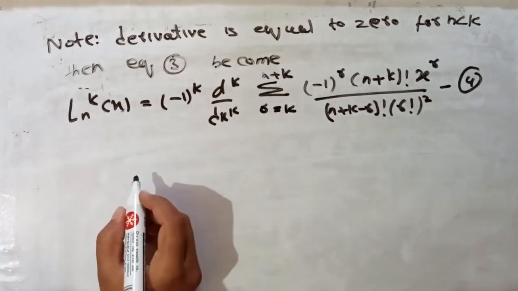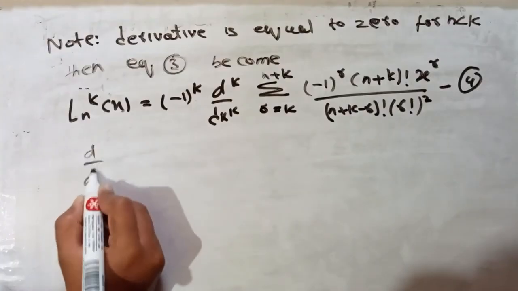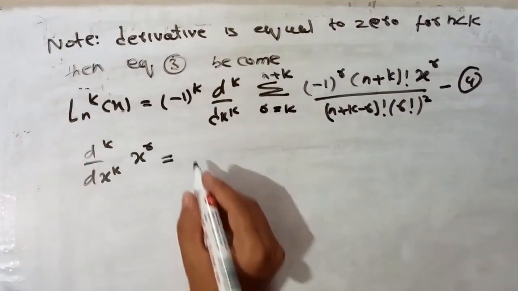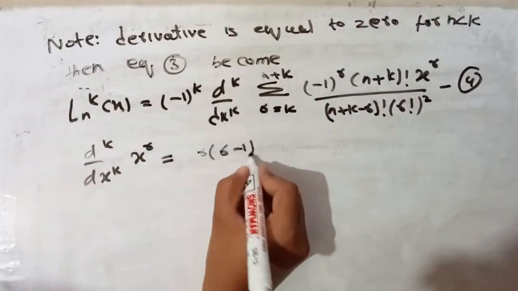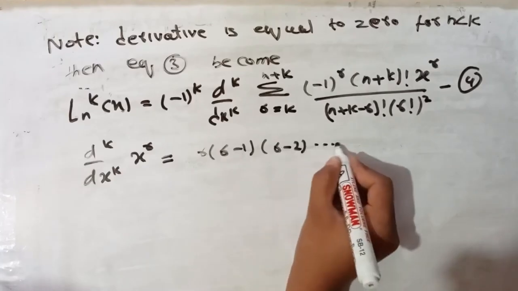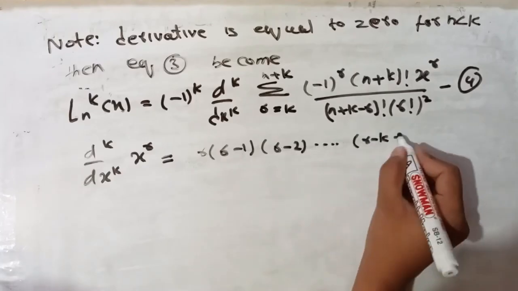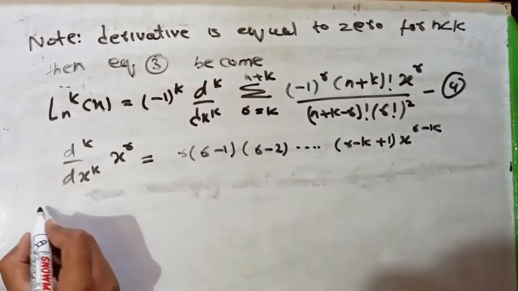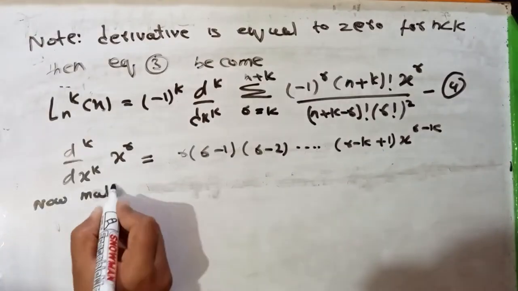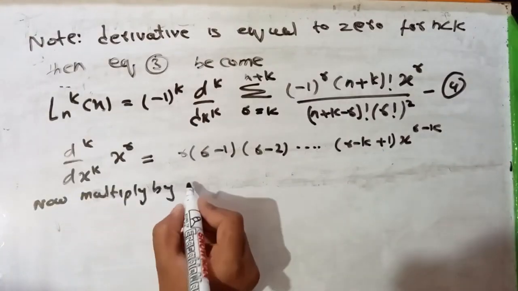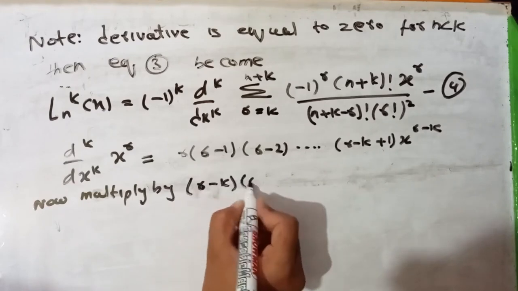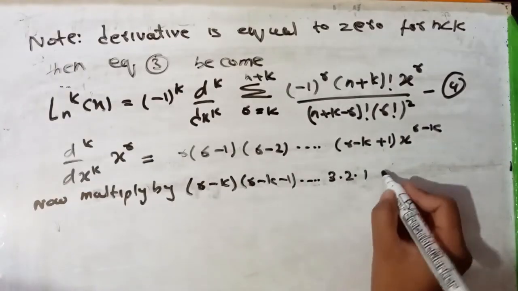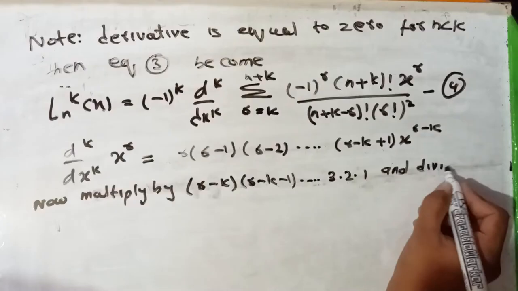Now we have to take the kth derivative of x^r with respect to x, which is equal to r(r-1)(r-2) and so on up to (r-k+1) x^(r-k). Now multiply by (r-k)(r-k-1) and so on, 3, 2, 1, and also divide by it.